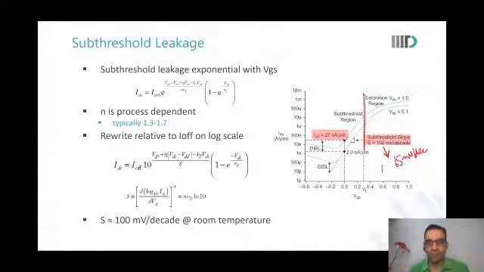Sir, in the first formula, can you repeat the terms in the exponential? It's a little blurry. The terms in the exponential are VGS minus VT naught minus eta VDS minus K gamma VSB. You have all these things in the book. Don't worry about it.